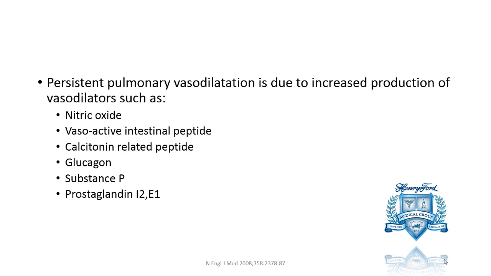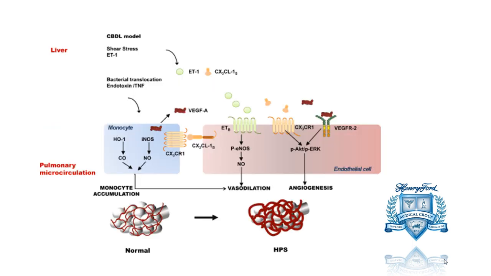The way they derived the pathophysiology for these patients was actually based on studies they did on rats. They mimicked cirrhosis by dilating their common bile duct, and they noted that these patients had increased production of nitric oxide.